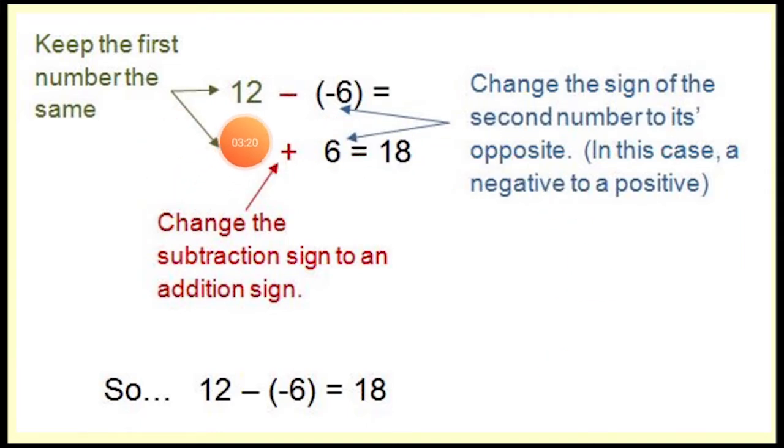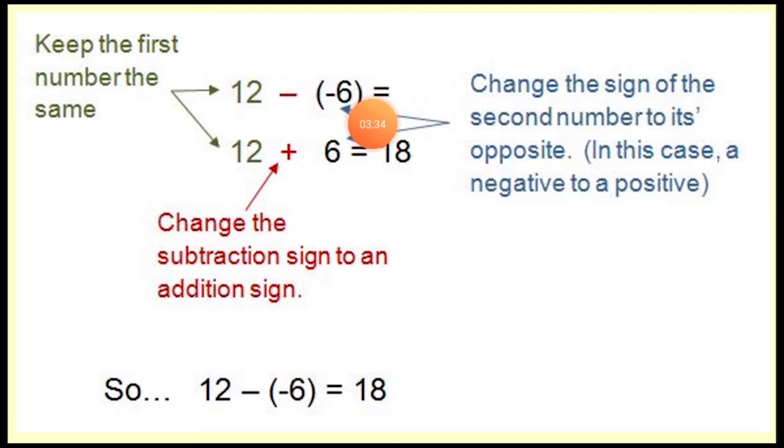Fine, now let's see this one more time. Again, on the screen you can see that we have to subtract minus 6 from 12. What we have learned is that we keep the first number as it is and we change the subtraction sign to an addition sign.